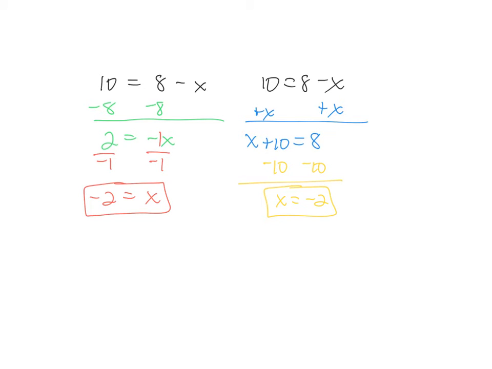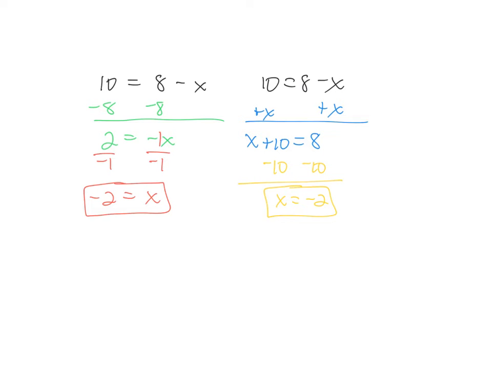So they're both 2 steps. And it's 2 steps because there isn't a number in front of the x. So if there was a number in front of the x, I think it's easy enough to just leave it alone and do it like I did the first way.